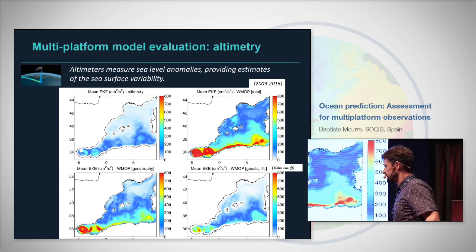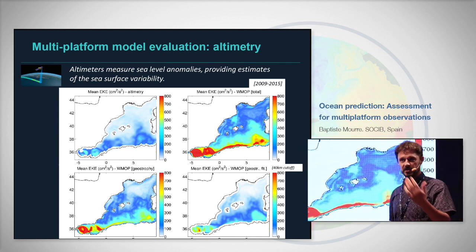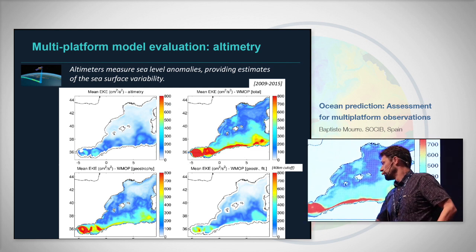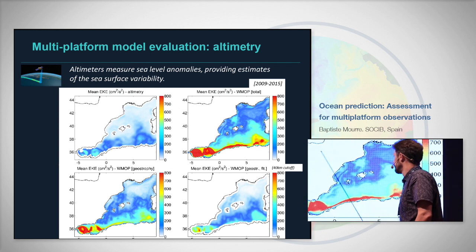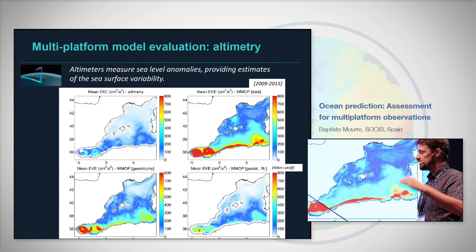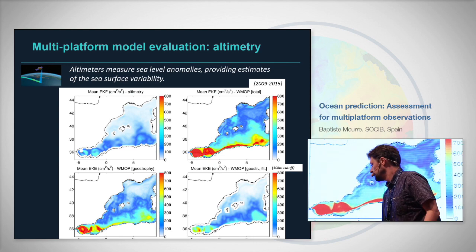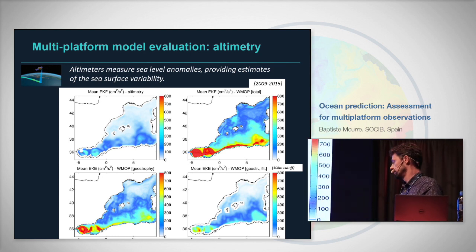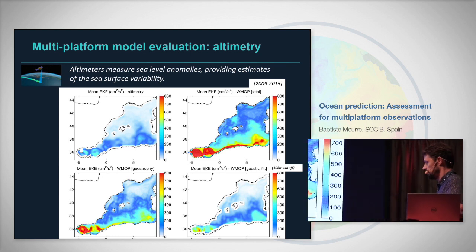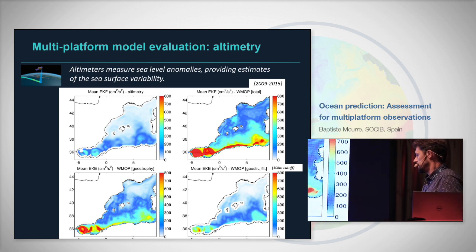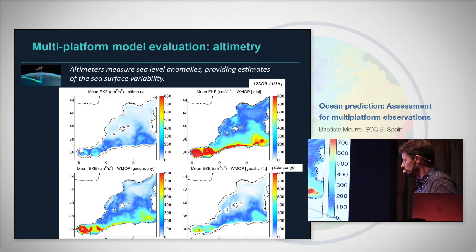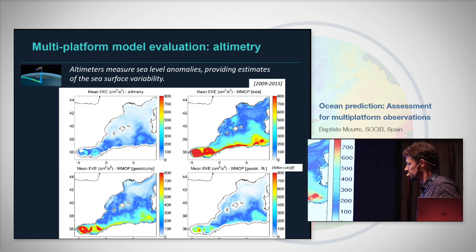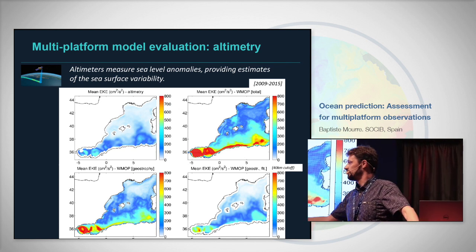And so, quite the same exercise that was presented this morning, you can separate geostrophy as geostrophy. If you only compute geostrophy from this field, from the model's sea surface height, you reduce the level of eddy kinetic energy. And then you have the issue concerning the scale, so you can filter these model fields and you get eddy kinetic energy that is much closer to that of the altimetry.